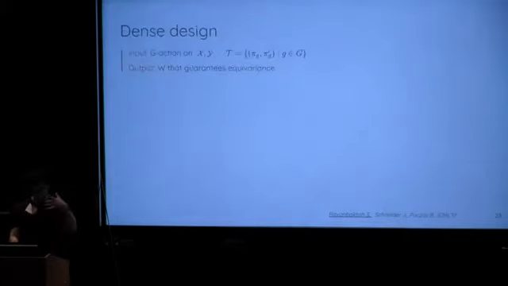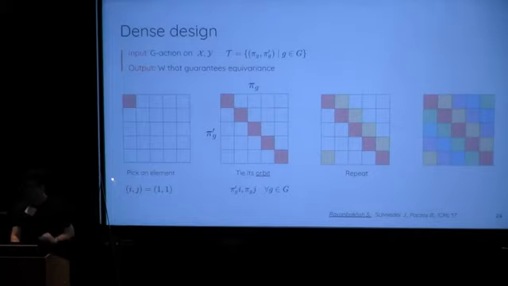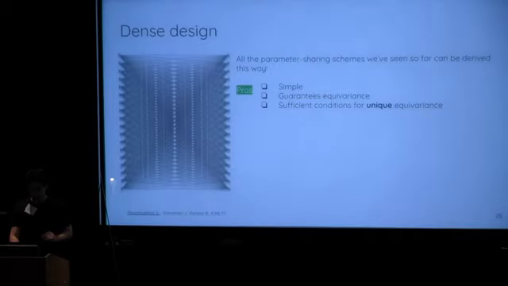To get the symmetries in the parameter matrix, we give a procedure for how to tie your parameters to make sure that it has the desirable symmetry. Here, for example, we just designed convolution from scratch, but I'm not going to go into it. This dense design procedure that guarantees these symmetries is simple, and all the parameter sharing that we saw in the examples that I gave you, you can get from this design by simply imposing these symmetries on W. But it is also bad because it is dense.